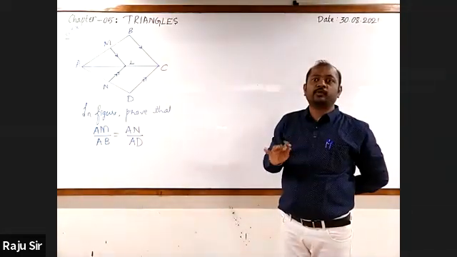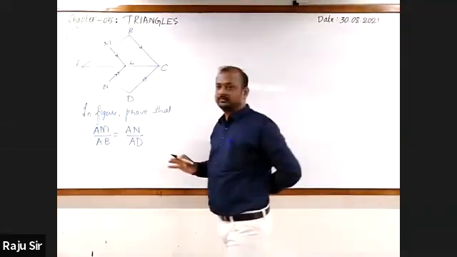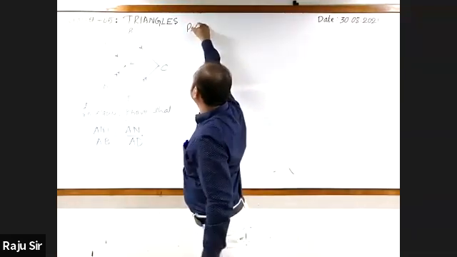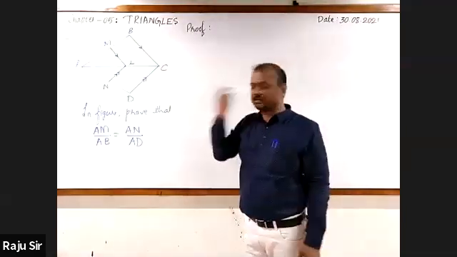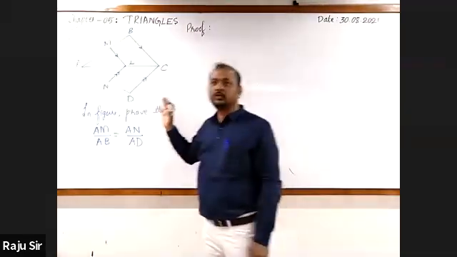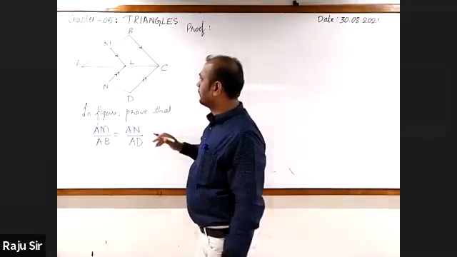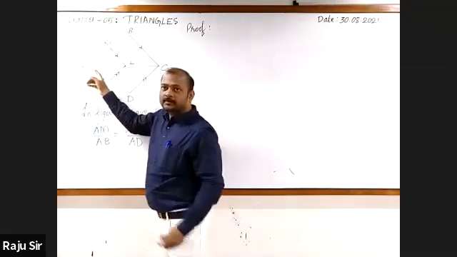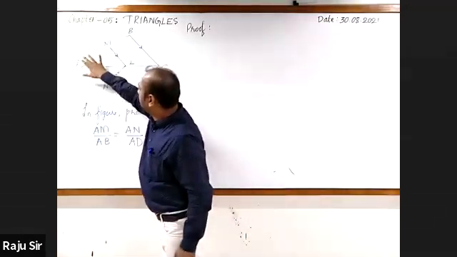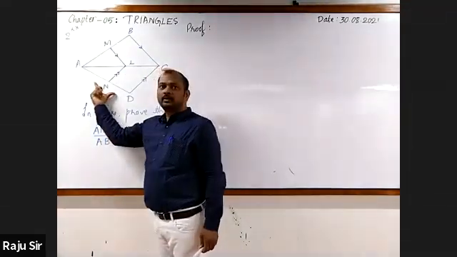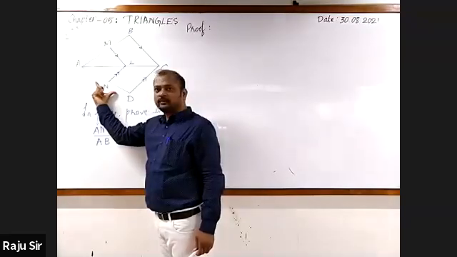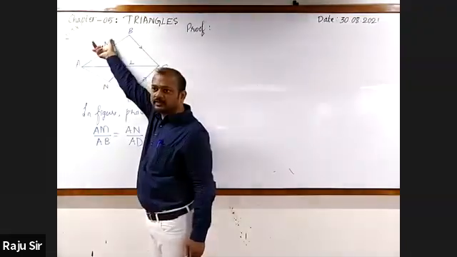This time I'll go for the proof directly. Data to prove. Directly we'll move on to prove. Observe. First, if you want to prove this statement, you have to prove the ratio of this is equal to the ratio of this.